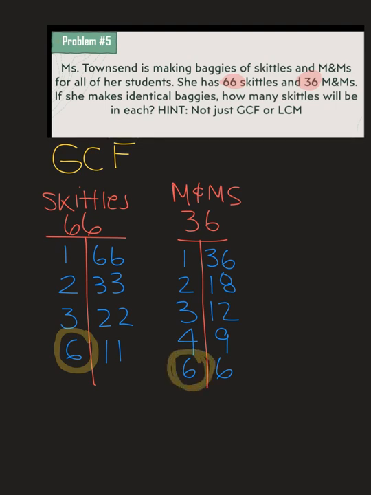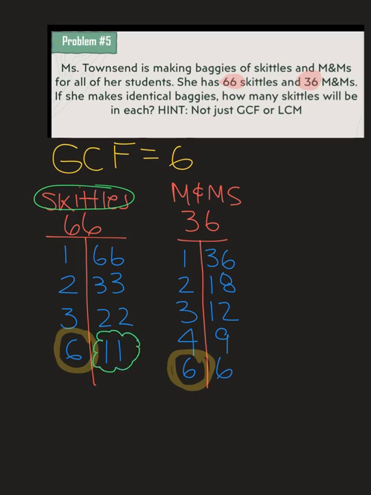You can put GCF is 6, but all that tells us is that we can make 6 identical baggies. But that's not what the question was asking, right? The question asked, how many Skittles will be in each bag? So once you found that our GCF is 6, we have to then look at our Skittles and see what number is right next to our GCF, which was 6.